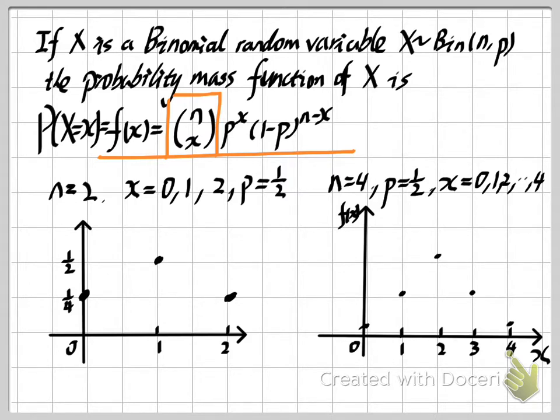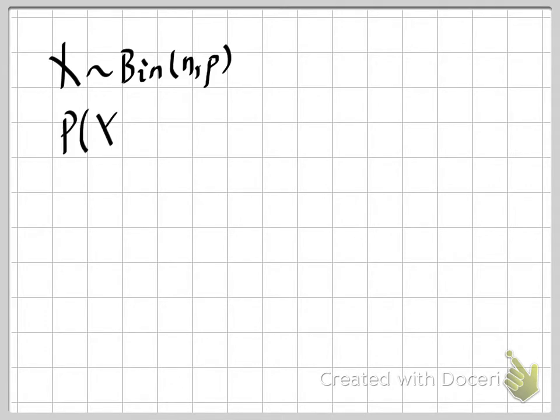However, what will happen if X is a binomial random variable and we want to compute the probability that capital X is smaller than or equal to a number? For example, assume n is a really large number, for example 100.